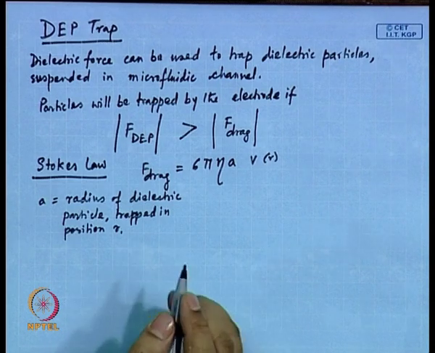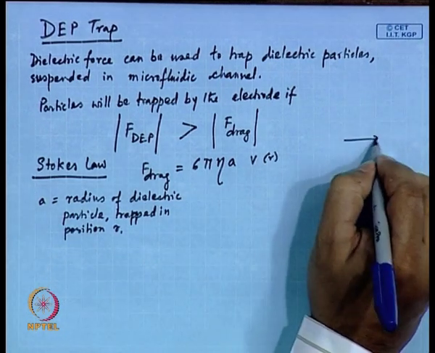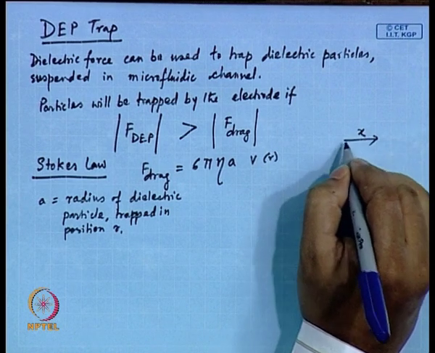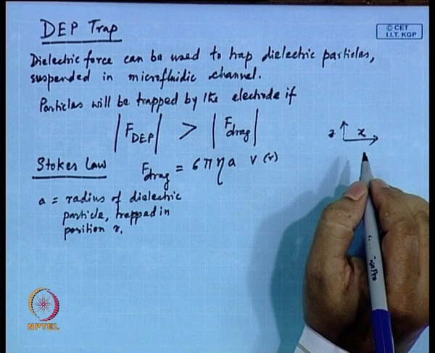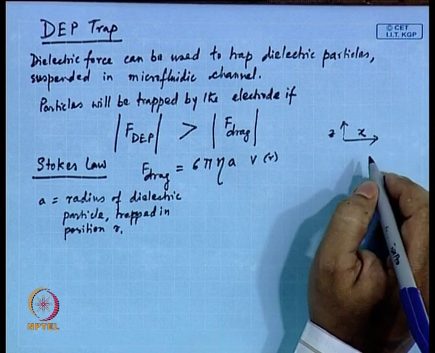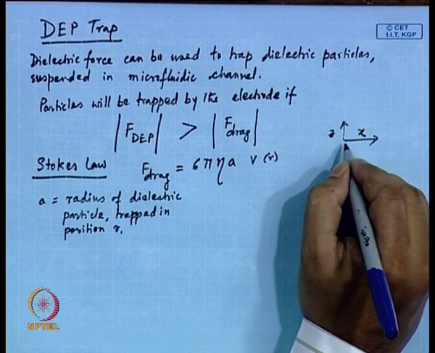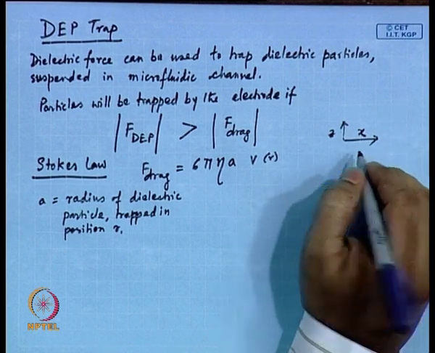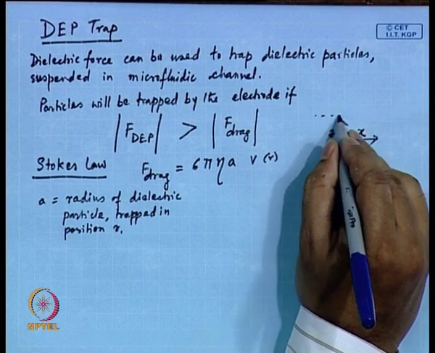And what is v? If this direction is x and this is z, we are talking about a point electrode and a planar electrode.